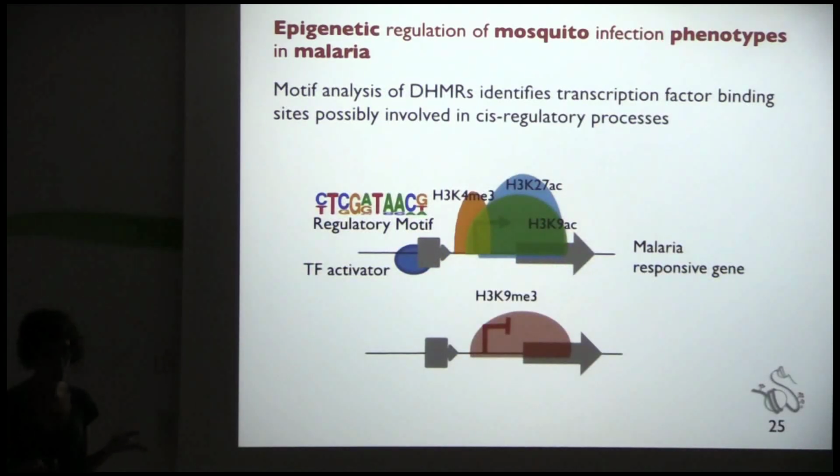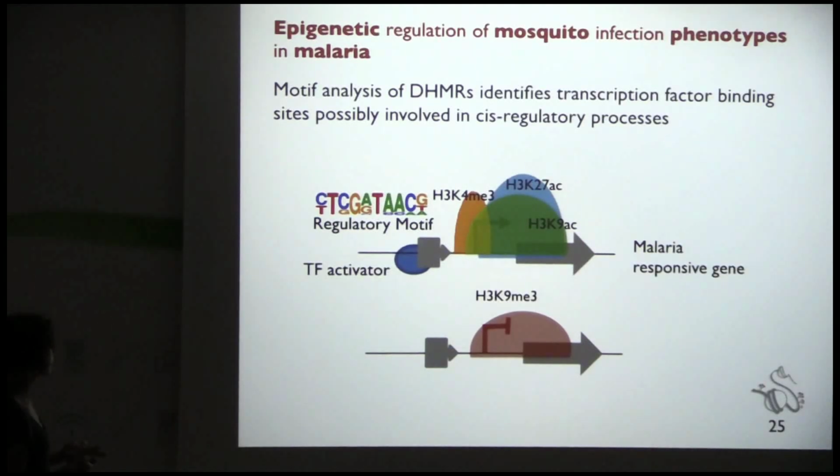Now, the next question is: do these genes have something in common in the promoter region? For example, sites for transcription factors, or are these genes enriched in a particular sequence that may be an indication that they are regulated by the same mechanisms?